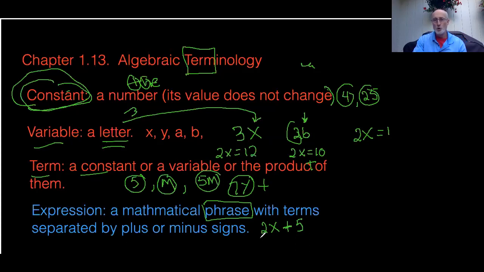So if I had 2x plus 5, that's what's called an expression. You'll notice I'm not saying equals anything. I'm just saying 2x plus 5. So a phrase is when you've got a term and then another term separated by plus or minus, okay? Again, 7y minus 1 is an expression. All right, so that's what it is. It's like a phrase in English.